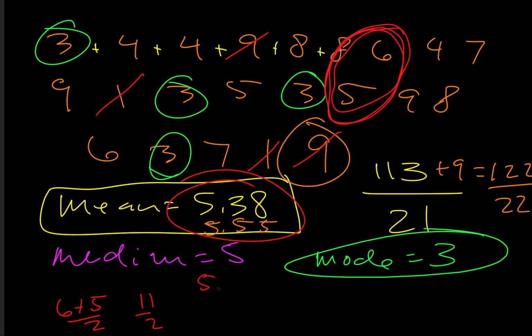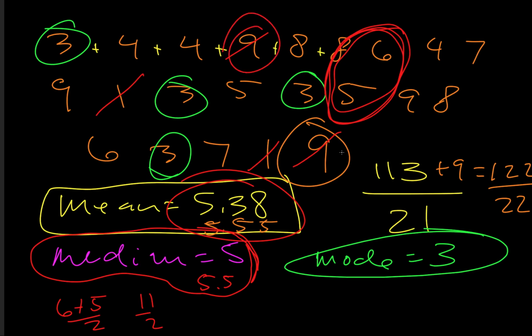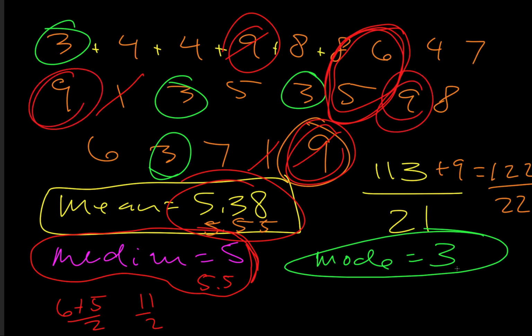So that's going to be 5.5. Once again, it didn't really affect it too much, but our median, the middle number, would be a 5.5. Now if we do the mode, it bumps the 9 up to having 4. So the mode is 3 and 9 because there's 2 that we had 4 times.